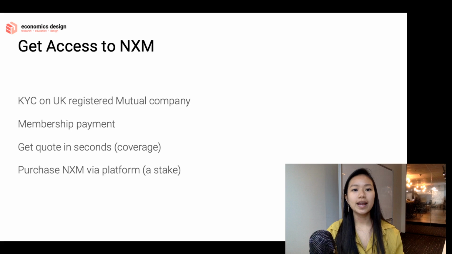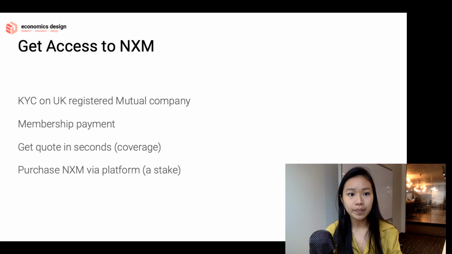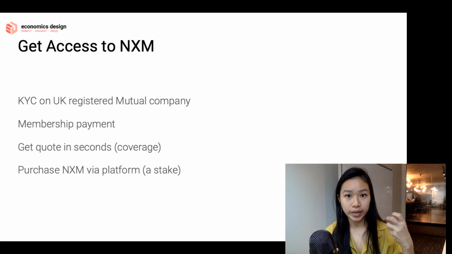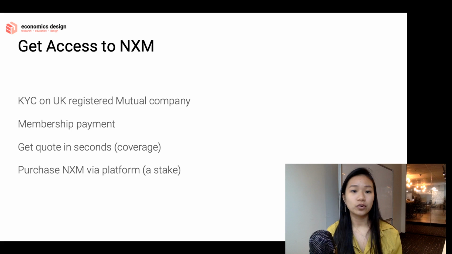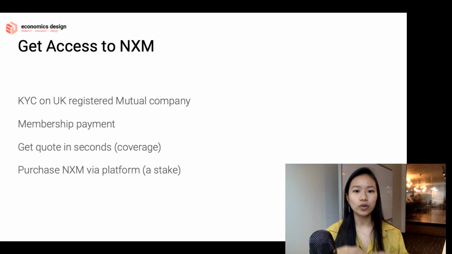How do you get access to NXM? This is a very interesting model, because NXM decides to go the regulated way. They're a UK registered mutual company, so for anyone to be able to get the NXM token, you have to be KYC'd. That means you have to send your passport information, your photo and everything.